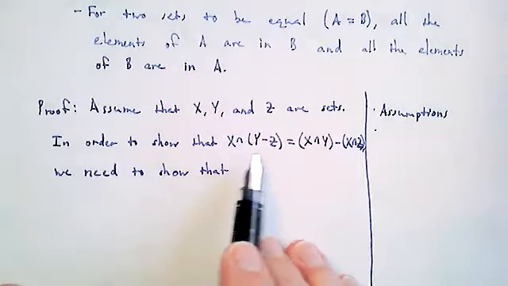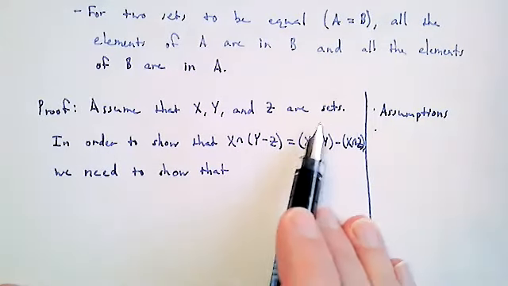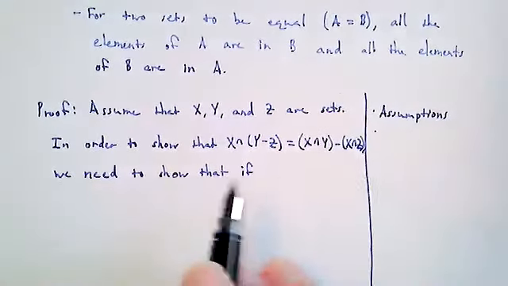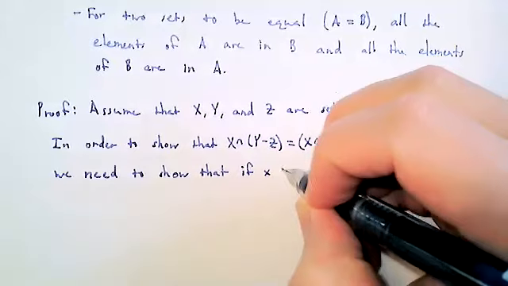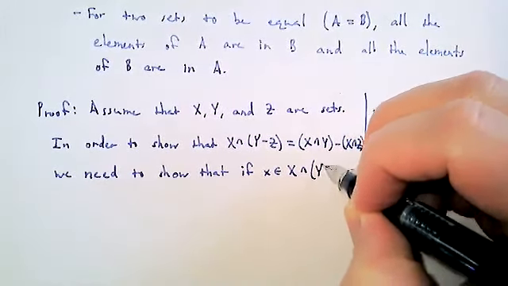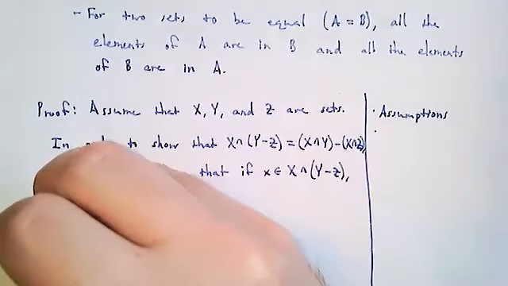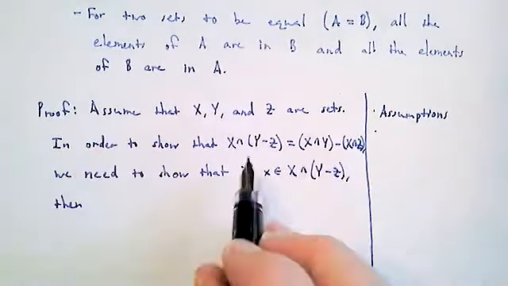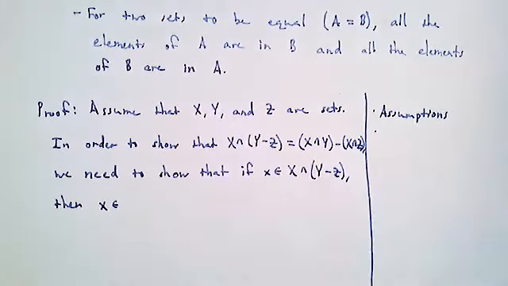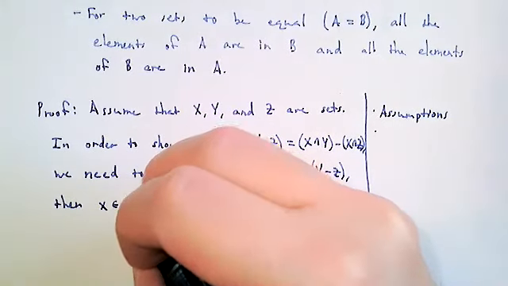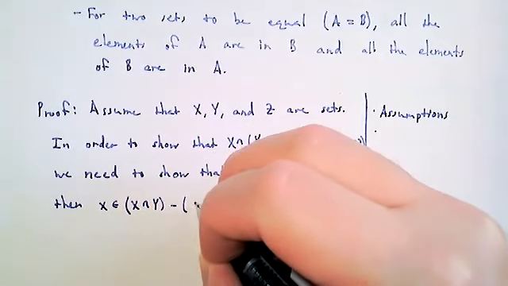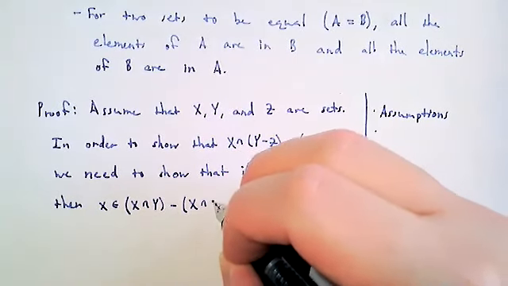We need to show that elements of this side are in the right side. So if x is an element of x intersect y minus z, then x is an element of the right side, x intersect y minus x intersect z.